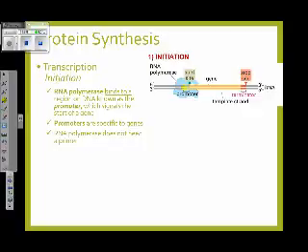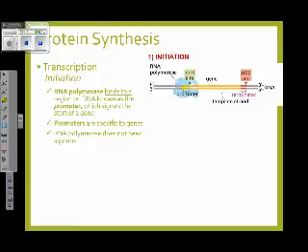Now for transcription, this is going to go a little bit more in depth than what we've looked at. It starts with the initiation. The RNA polymerase binds to a region of DNA known as the promoter, which signals the start of a gene. It doesn't just grab onto the DNA willy-nilly.